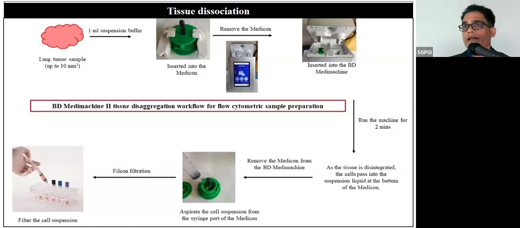All your WBCs or cells of interest will get released, and the suspension in the media can be centrifuged and then taken for staining.